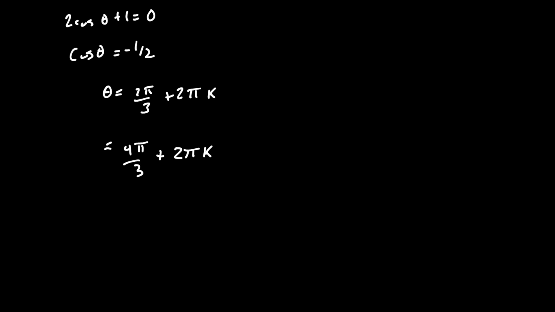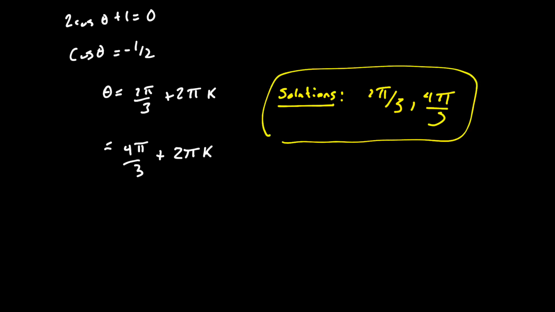This means the solutions we're looking for this equation are given by 2 pi divided by 3 and 4 pi divided by 3. So these are the solutions to this equation here. Now let's go ahead and find the solutions to our other equation. In the other case, we had cosine theta plus 1 is equal to 0, or equivalently, cosine theta is going to be equal to negative 1.